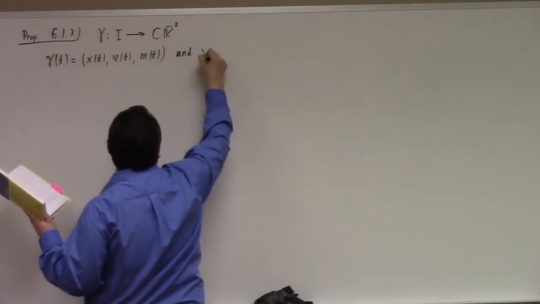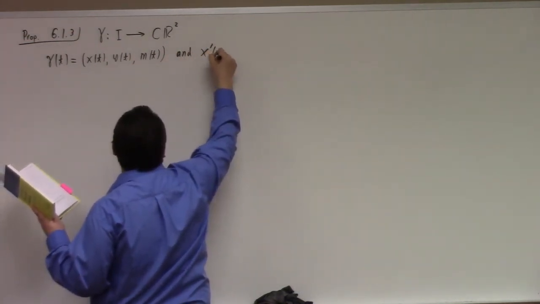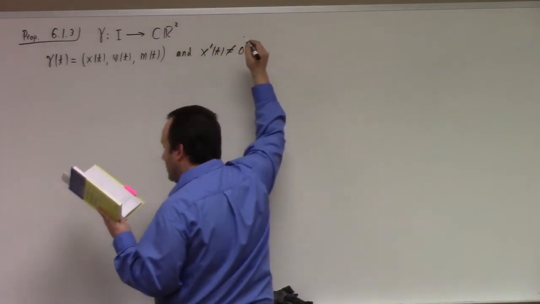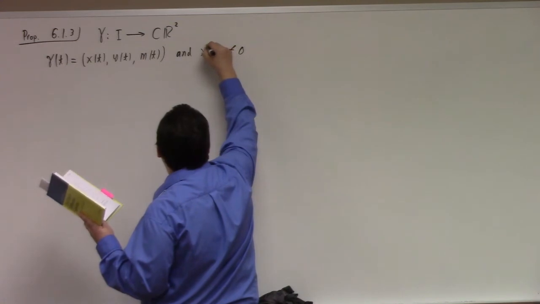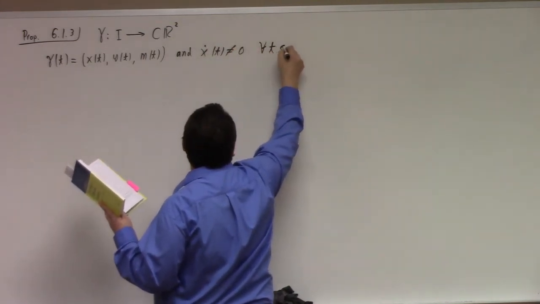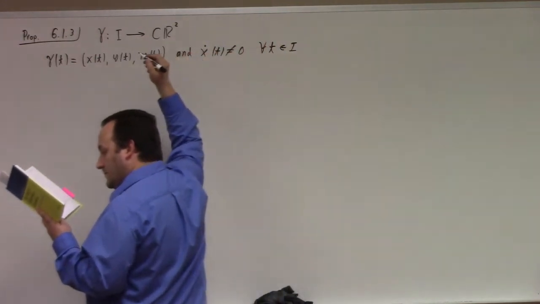And x dot of t is not equal to 0 for all t in I.